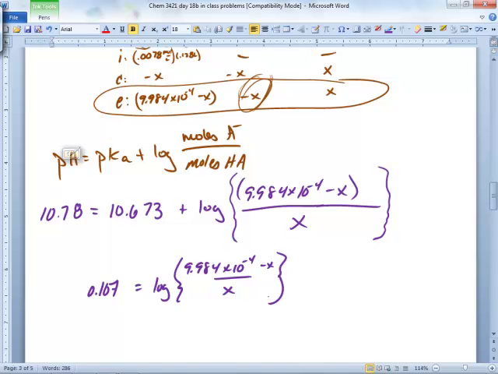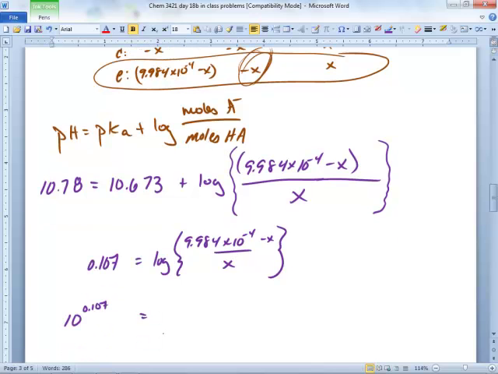Now you raise both sides to the 10 power, right? So we'll have 10 to the 0.107 equals, the other side would just look like what? Yeah, just what's in the parentheses, right? Because the log disappears.